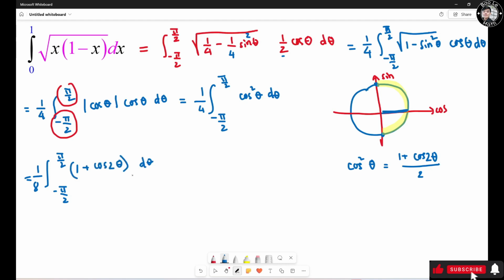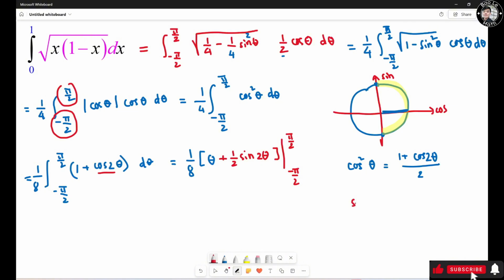So this becomes 1/8. Now the antiderivative of 1 is theta, so I have theta right here. And the antiderivative of cosine 2 theta is going to be plus 1/2 sine 2 theta, evaluated from negative pi/2 to pi/2.